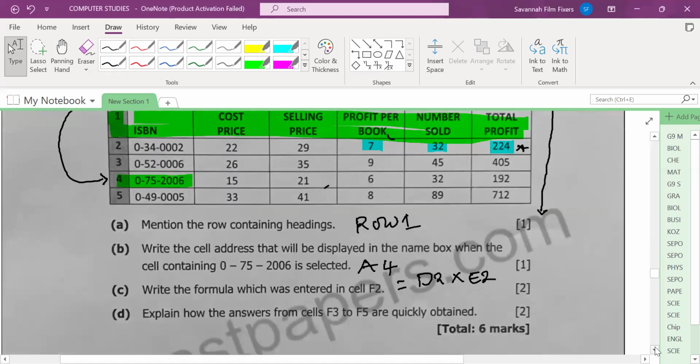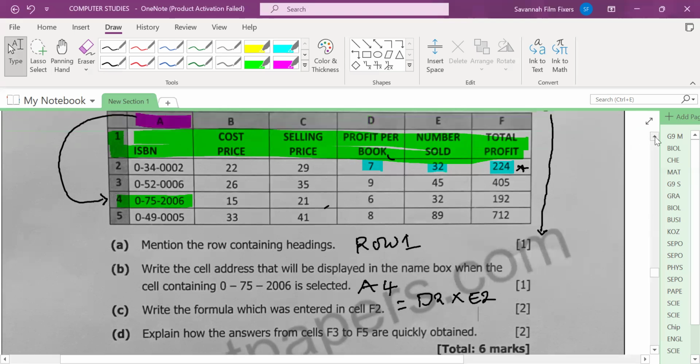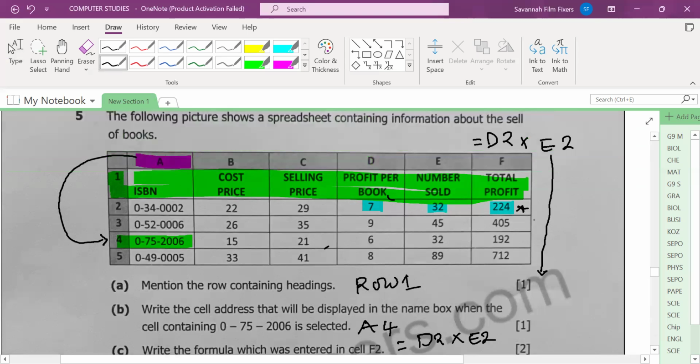Explain how the answers from cell F3 to F5 are quickly obtained. What we can do here is copy this formula, equals D2 times E2, and paste it down.